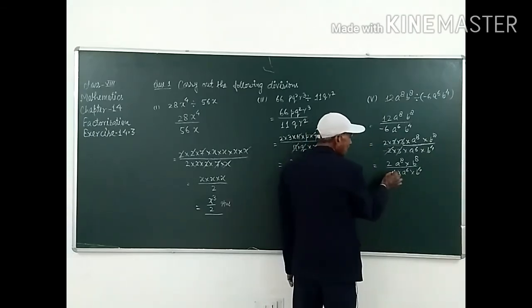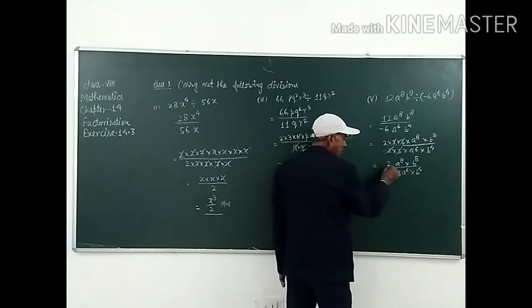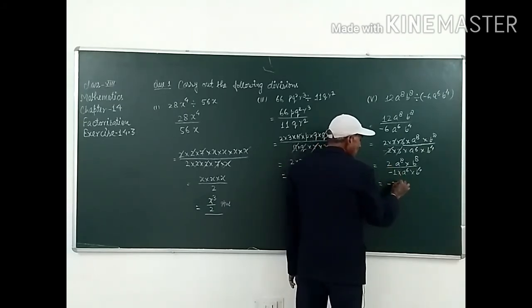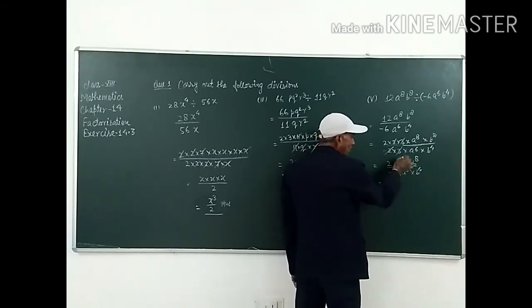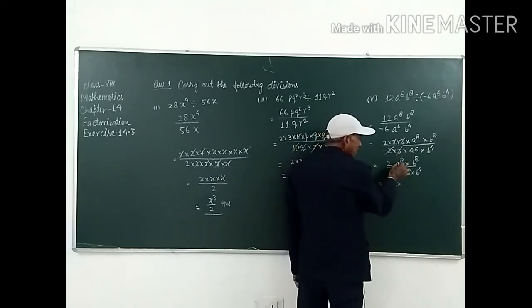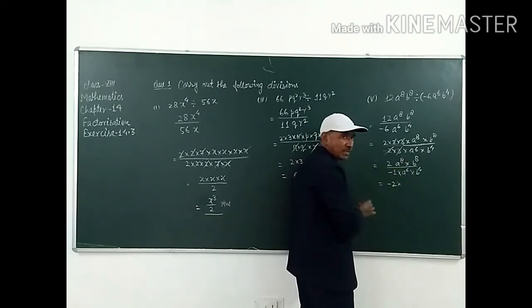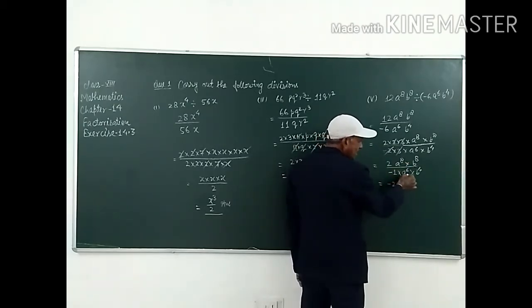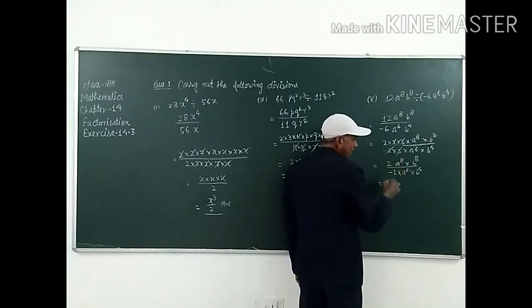So, if we divide this 2 by minus 1, it will be minus 2, students. So, minus 2 into, now we have to divide this a to the power 8 by a to the power 6. So, a is 8 times here and we divide this 6 times. So, only 2 times will be remain here.